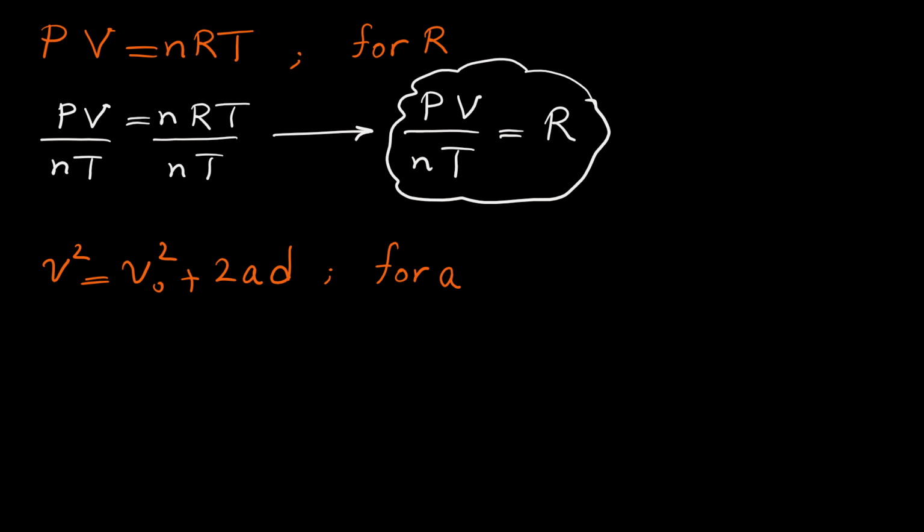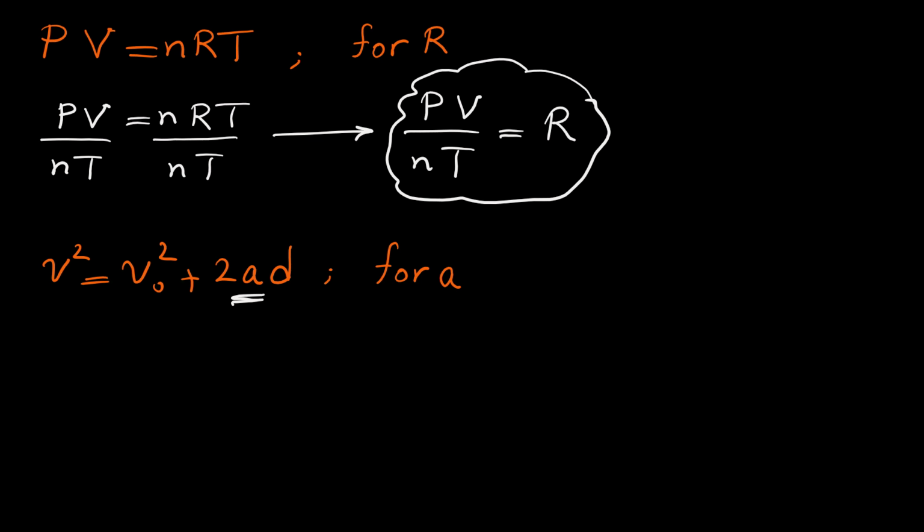v squared is given by v0 squared, v initial squared, plus 2ad. This is a formula from kinematics in physics. And in this formula, we want to solve the equation for a. Attention, the unknown a that we are looking for is here. The first thing we have to do is to move this extra term to the left.